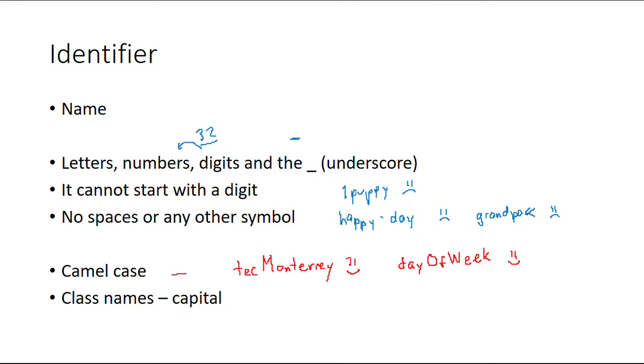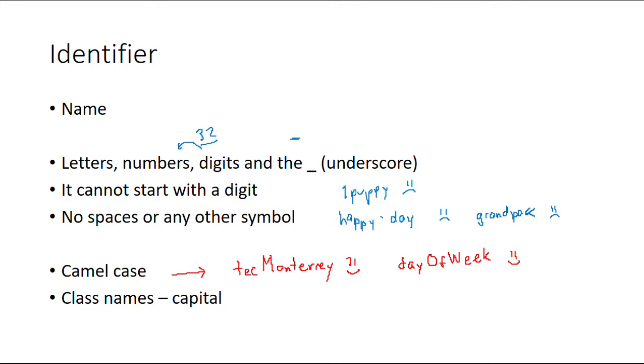Whenever you have more than one word, you need to use camel case. This is a Java standard, so try doing it. If you don't use it, you're going to have a lot of trouble because the evaluator is going to consider that the variable is wrongly declared. So try to use camel case whenever you use complex variable names.